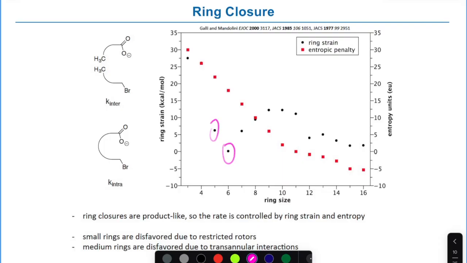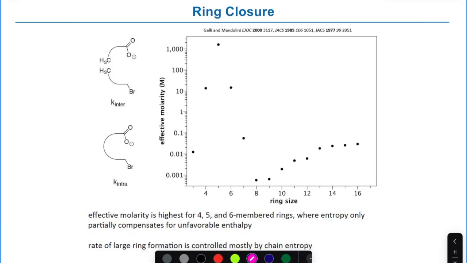That 6-membered one is kind of the perfect valley there. So if you put the two of them together, what you can get in addition to an intramolecular SN2 is an effective molarity bump too, which again peaks out where the 5-membered ring is. The ring strain is not too bad, the entropic penalty is not too bad, and the two species are being held in each other's face in a way that kinetically ends up with this acceleration.